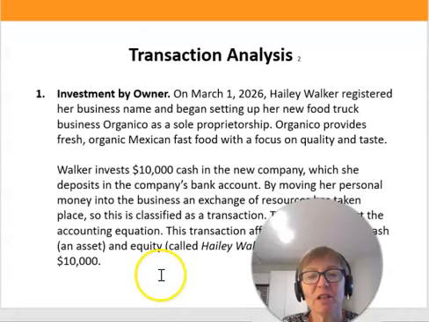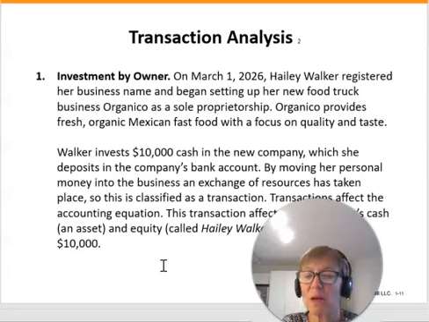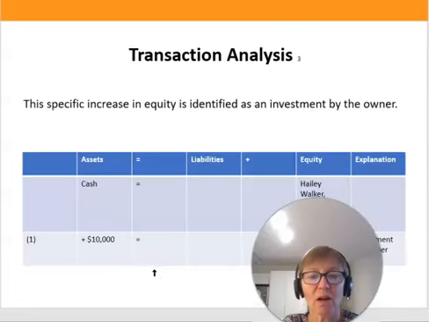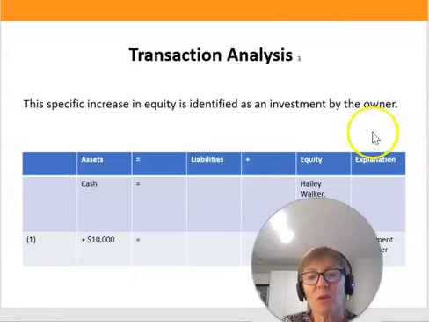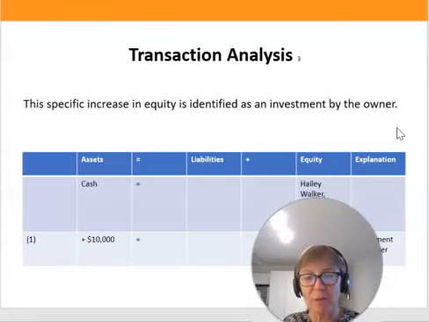Okay, so for this one here, I'm not going to read all the words, but it boils down to Walker invested $10,000 into their new company. So what does it affect? Let's have a look here. Again, assets equal liabilities plus equity. So what's happened?